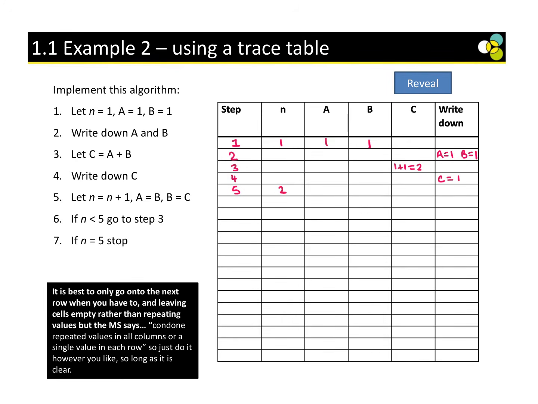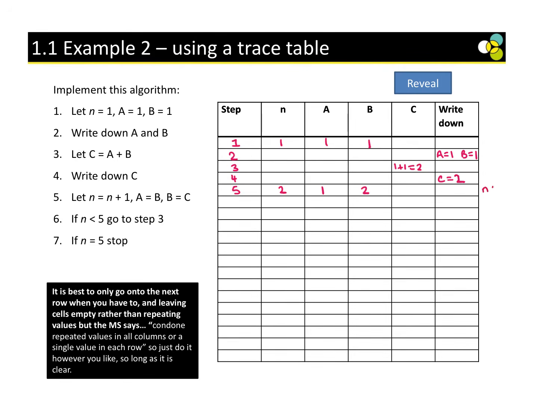Let a equal b, so a is now 1, and let b equal c. Sorry guys, typo, that should have been 2. c is 2. There we go. If n is less than 5, go to step 3. n is less than 5, isn't it?